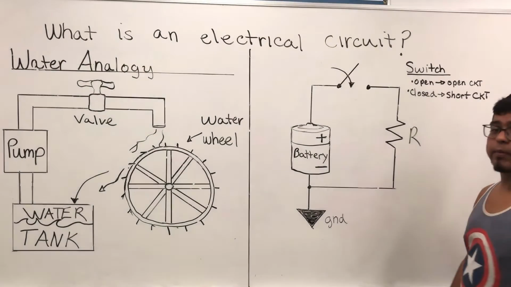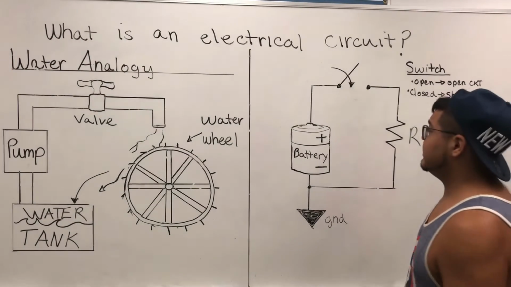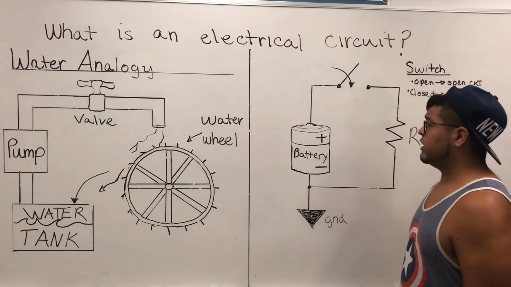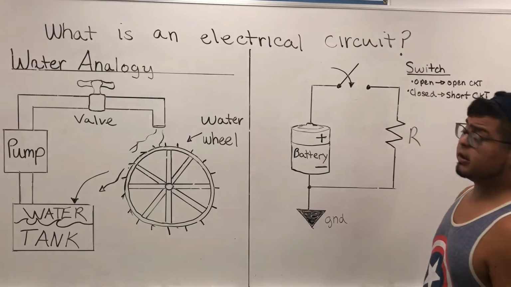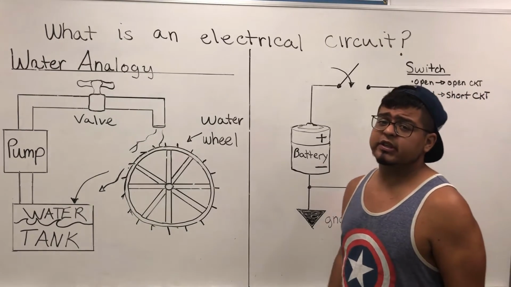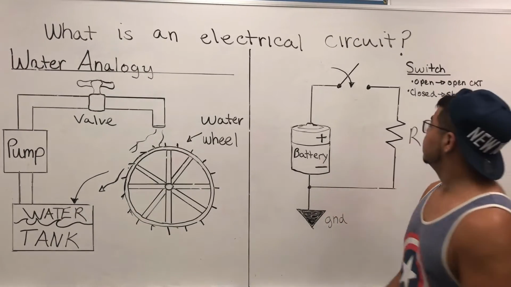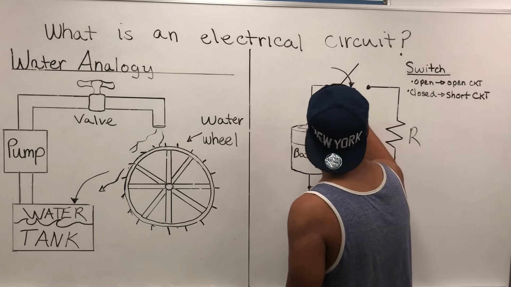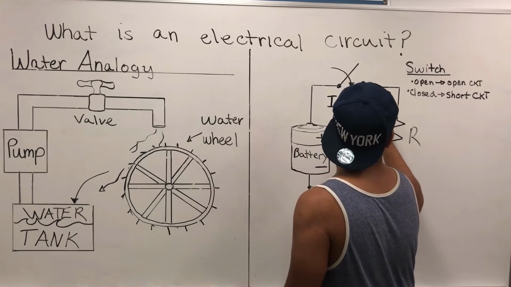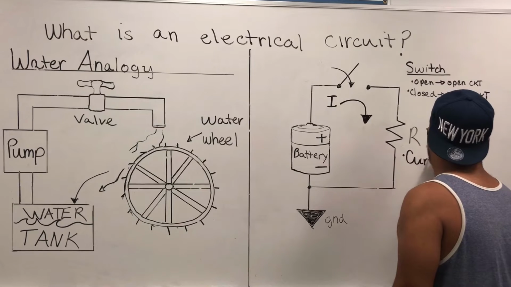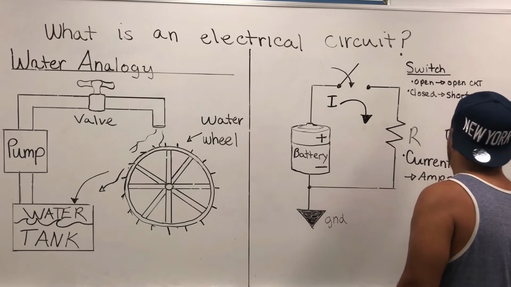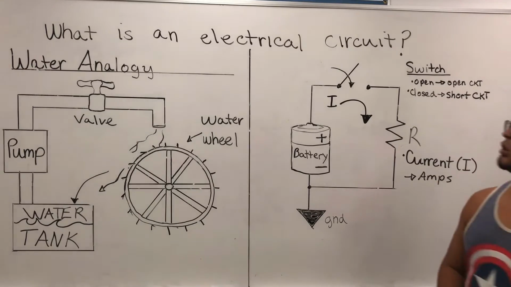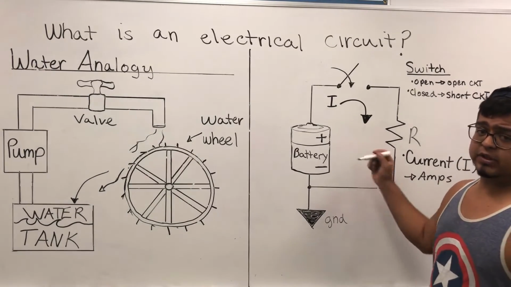An important thing to remember about an electrical circuit is that the electrons flowing within this circuit can be called an electric current. An electric current is measured in amps and can be labeled with an I. We also said that the battery is the voltage source.